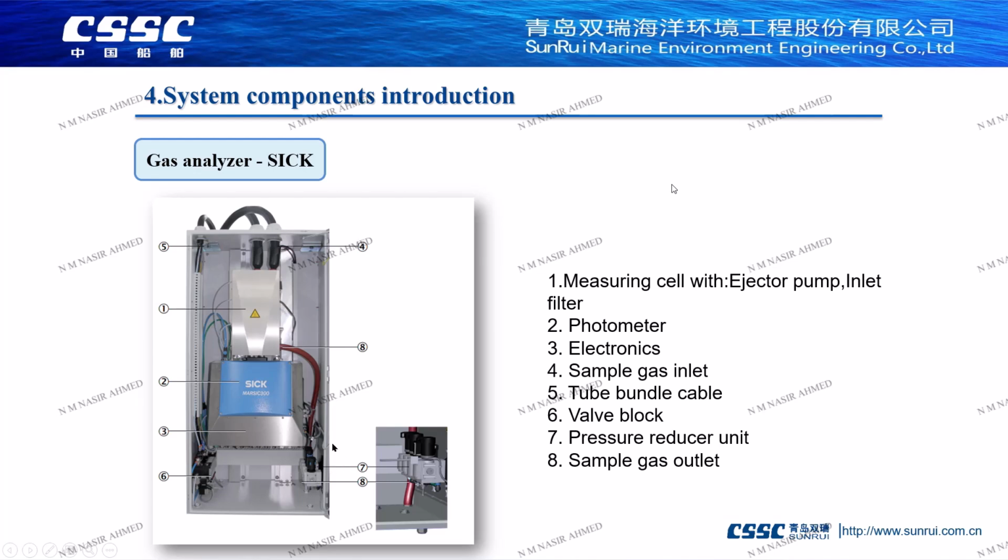The seventh part is the pressure regulation unit, which adjusts each air pressure. The eighth section is the drain line. The analyzed exhaust passes through this section and is then discharged directly into the atmosphere.